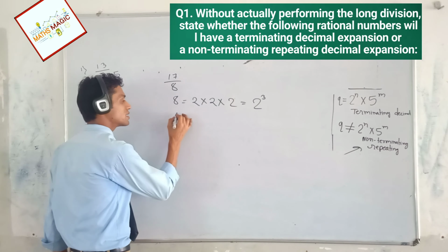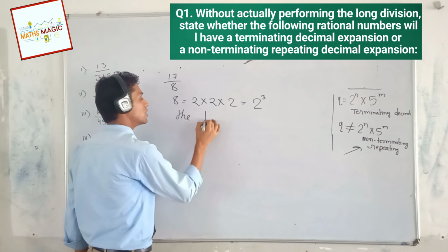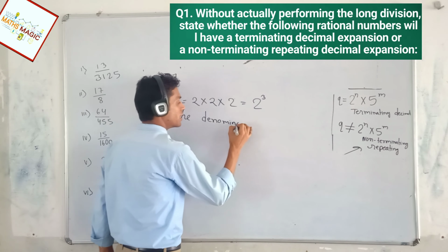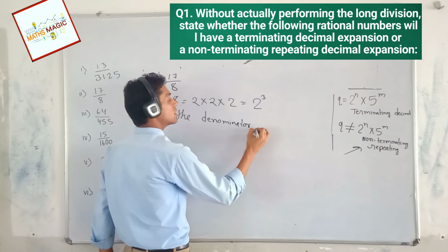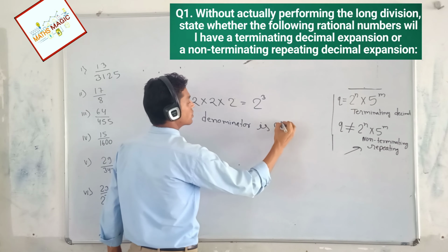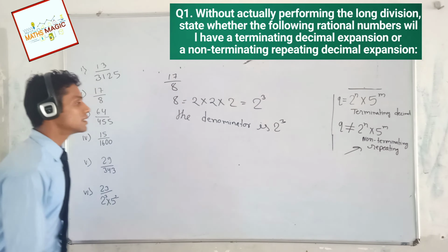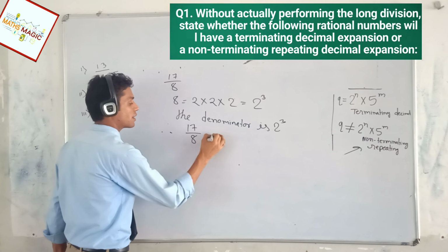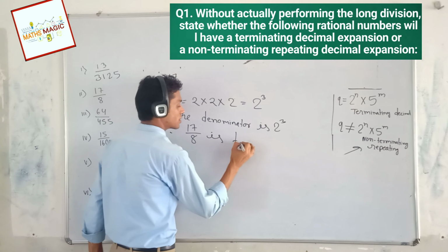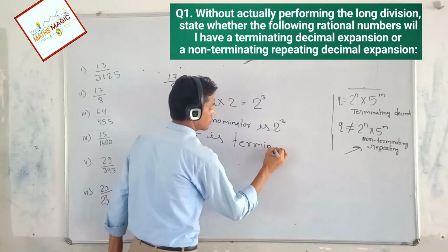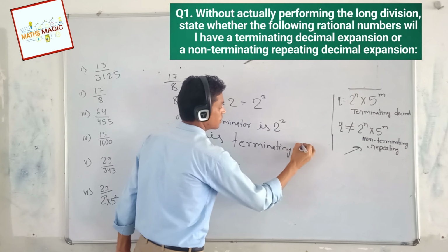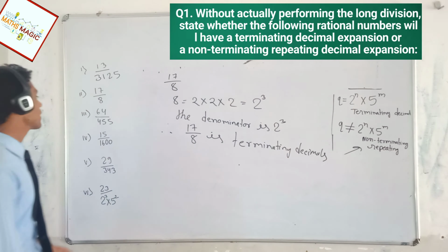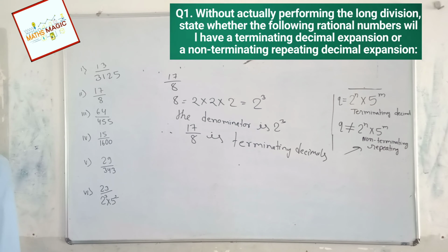So the denominator is 2 to the power 3. Therefore 17 by 8 is a terminating decimal.